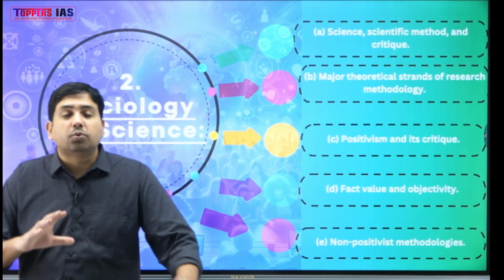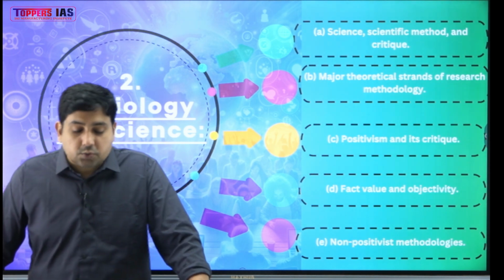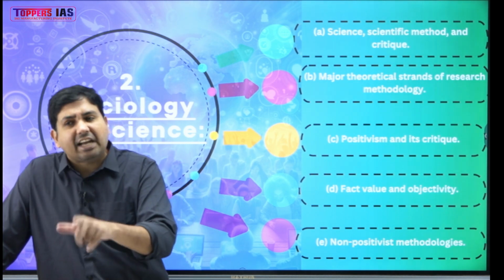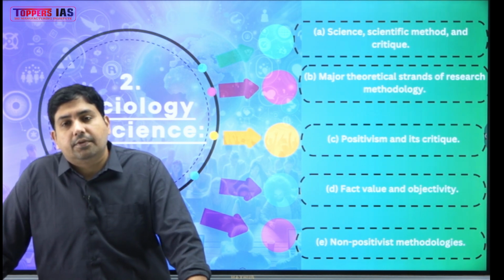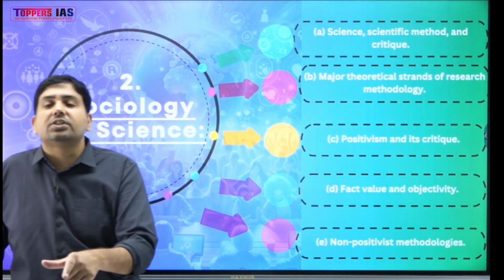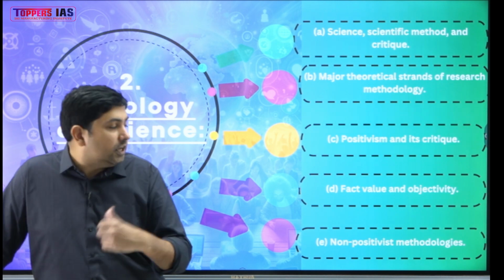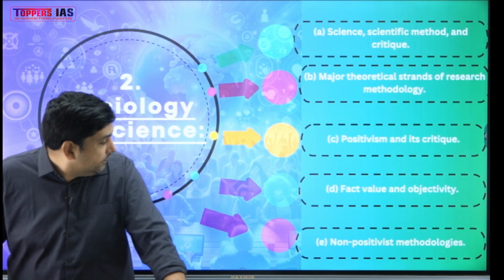In Hindi they say, तोड़ मड़ोड़ के किसी चीज को present करना. He says no, such things should not be done by a researcher. But at the same time, Max Weber also said that values are important in choosing what to study. So such things we look into. Clear?